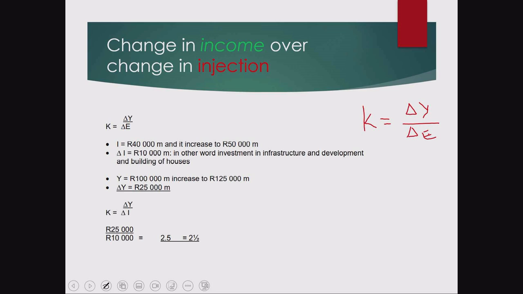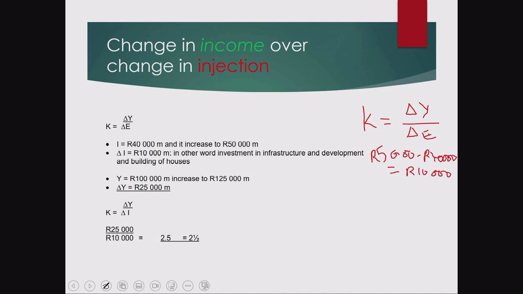That's what it means. Now, there you have a situation, 40,000, which increases to 50,000. When you look at the change there, you just subtract 40,000 from 50,000 in order to get that 10,000.